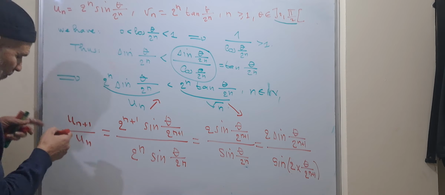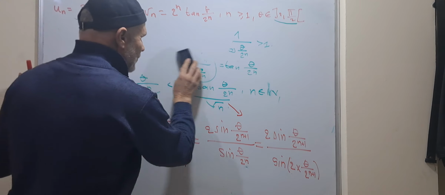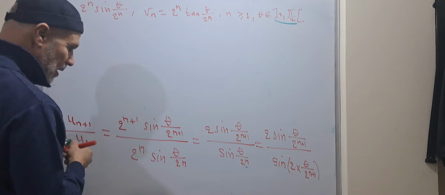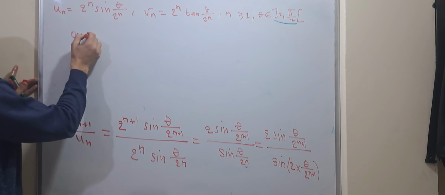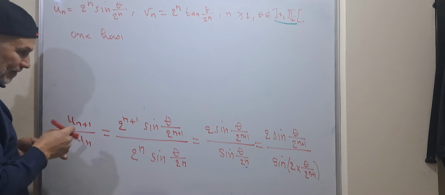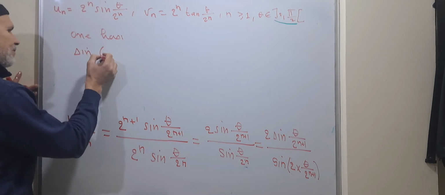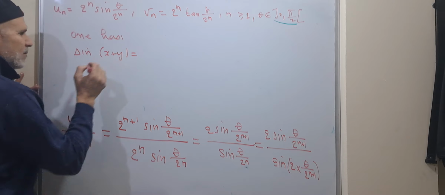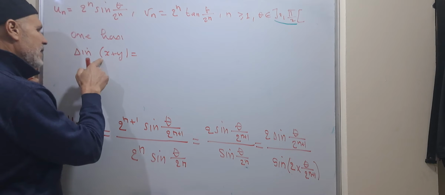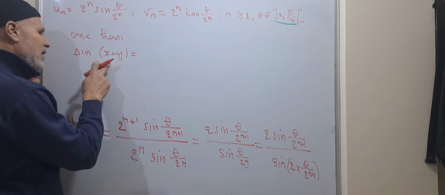The last one uses a previous result in trigonometry: sine of x plus y is equal to sine x cosine y plus cosine x sine y. Sine of x plus x is equal to 2 sine x cosine x.